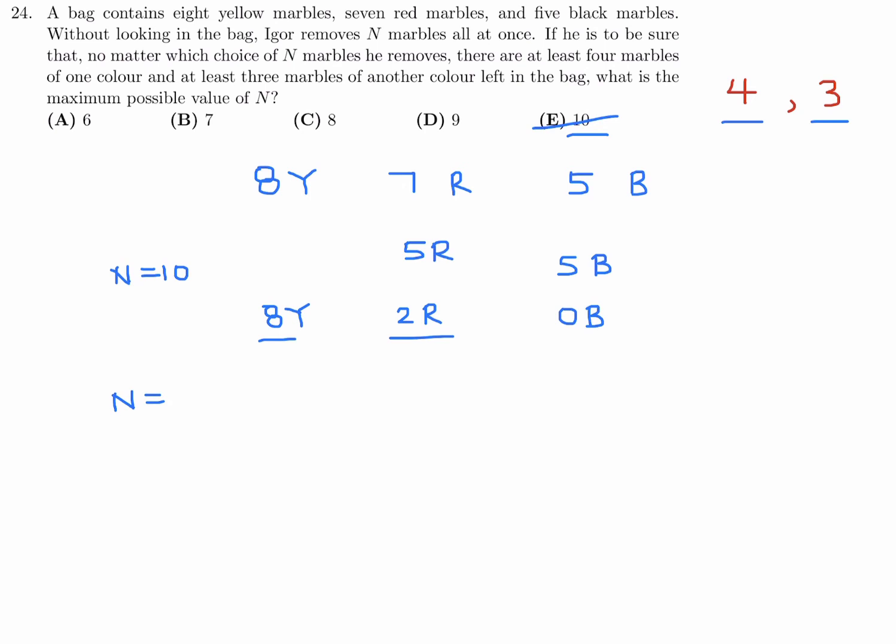Let's look at n equals 9. All right, extreme case scenario. But we can do this in several ways. What I want to do is immediately try to make it not fulfill their criteria. So how many black marbles do I have to take away for it to drop down to 2?